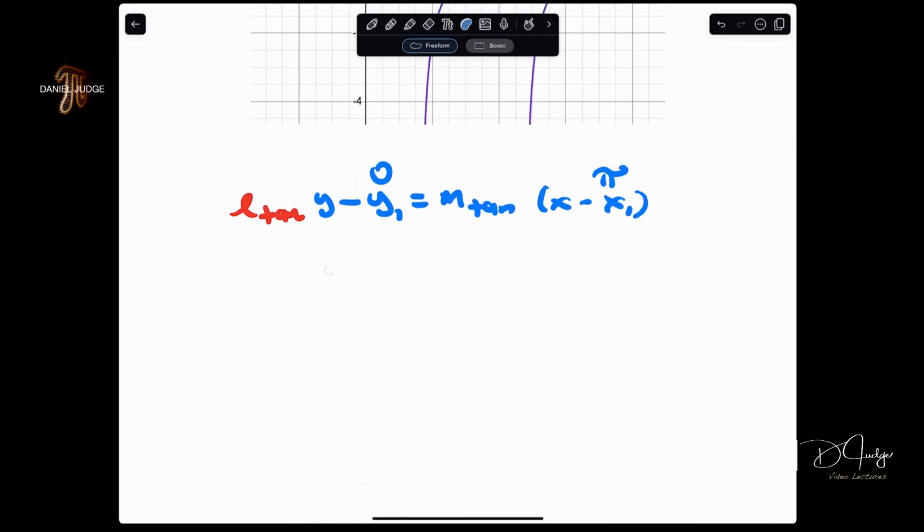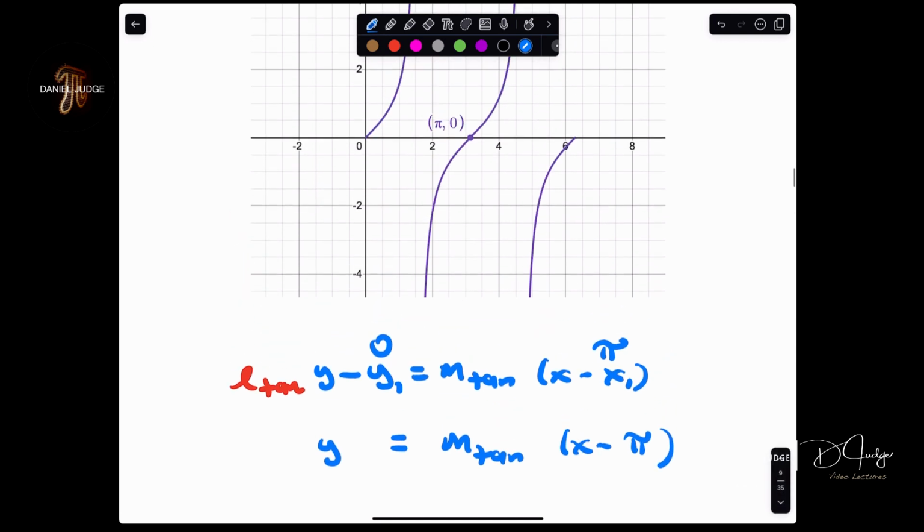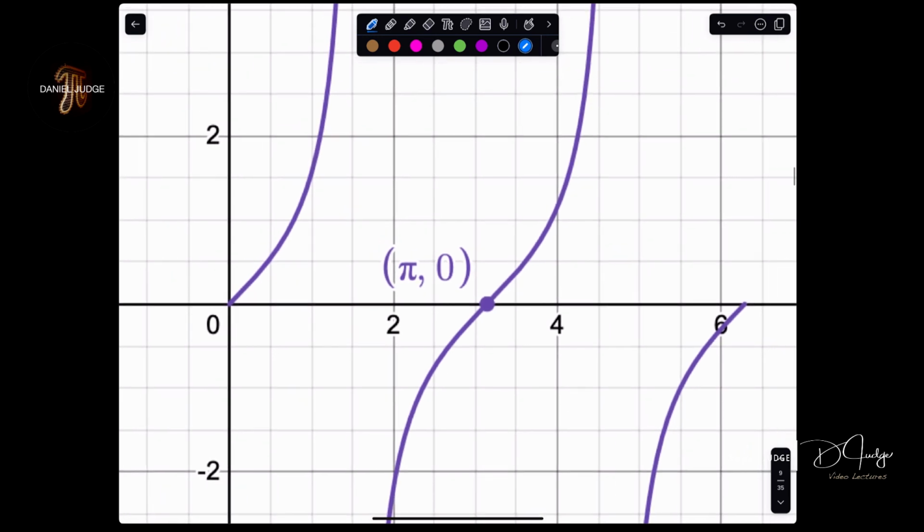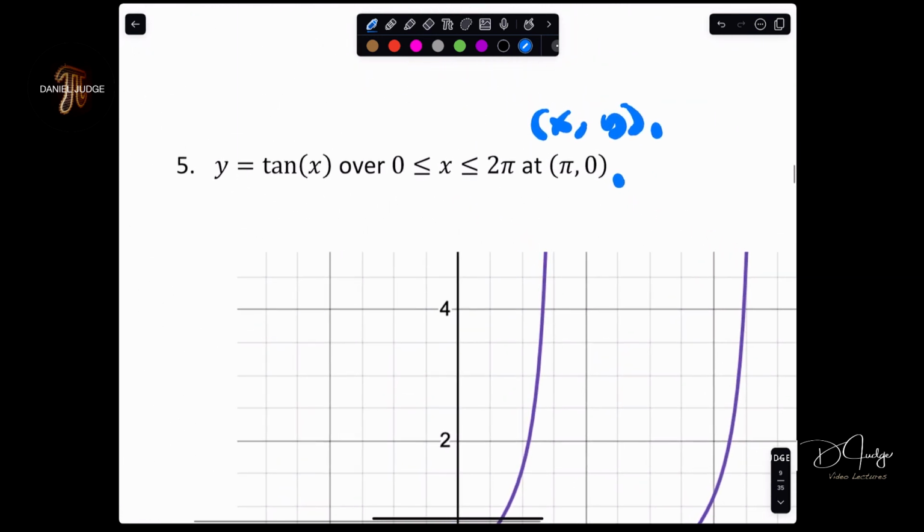And let's simplify. y minus 0 will give us y. And y is m tangent times x minus pi now. The point is here, pi, 0, where the curve is tangent.